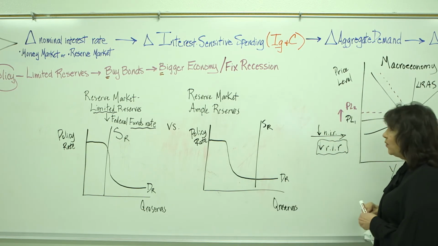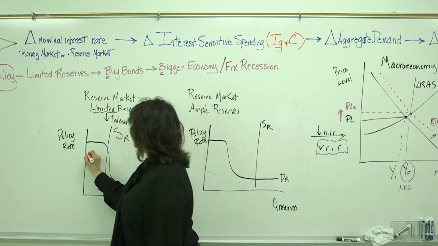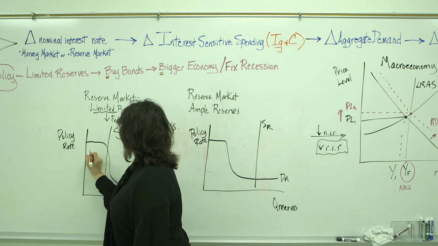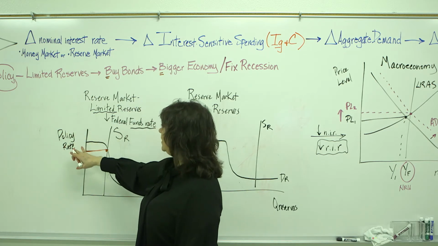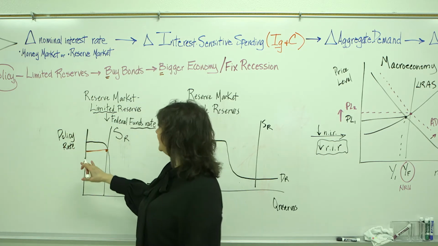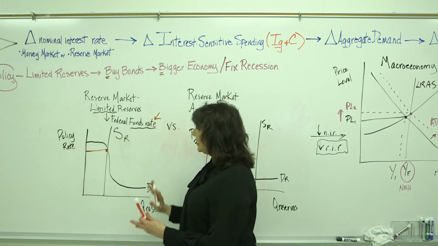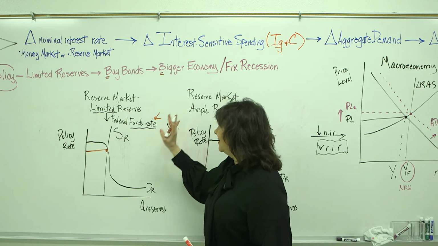All right. So what ended up happening? Well, let's not use red, it's a little smeary. I'm going to say that originally this was my interest rate. But instead of using the intercept for policy rate, I'm going to use the federal funds rate because that's going to allow you to see that this is a limited reserves market.